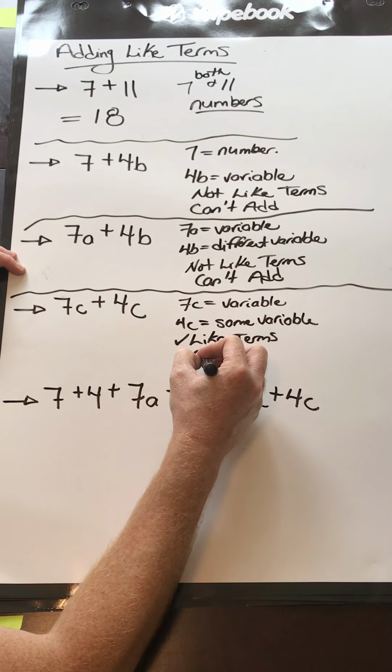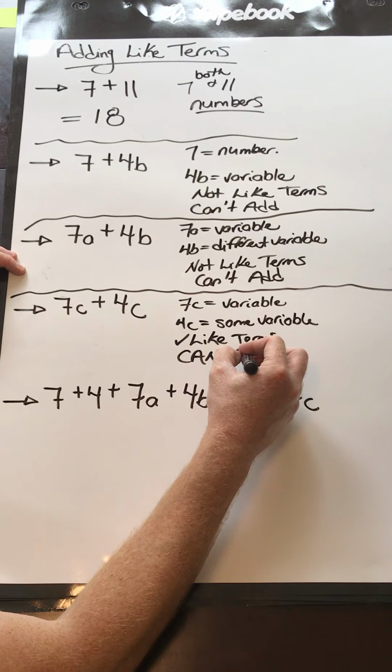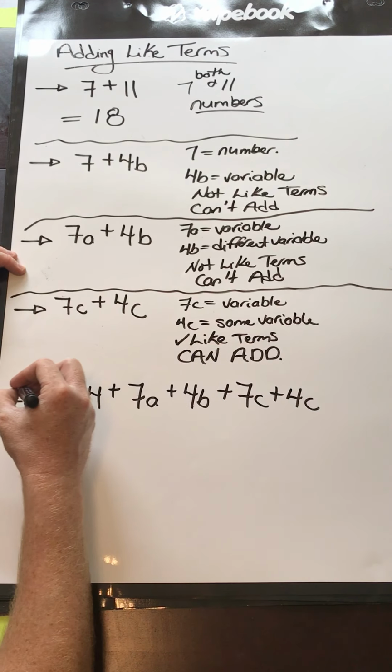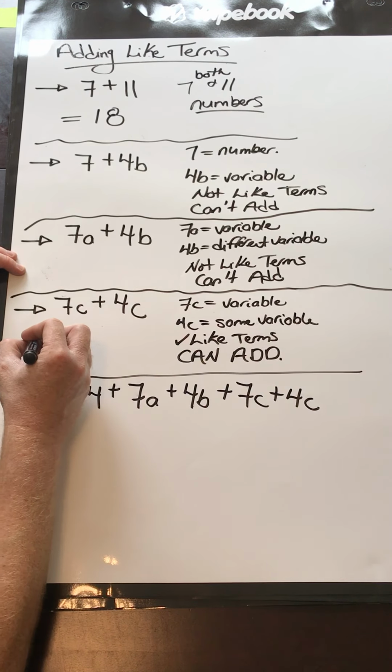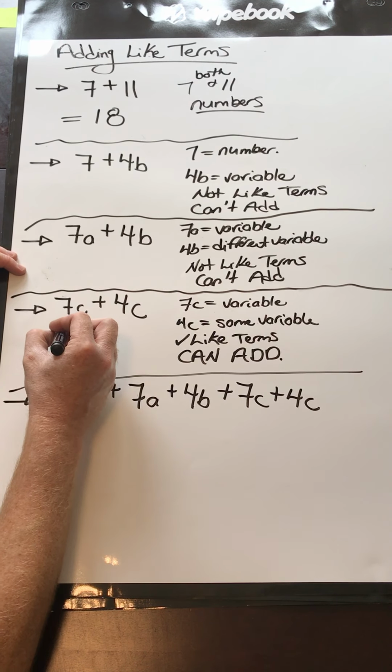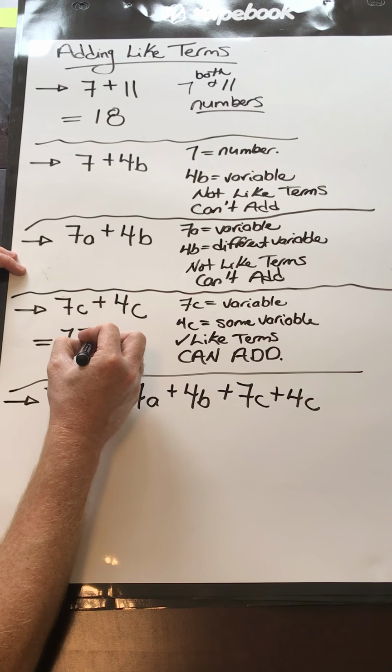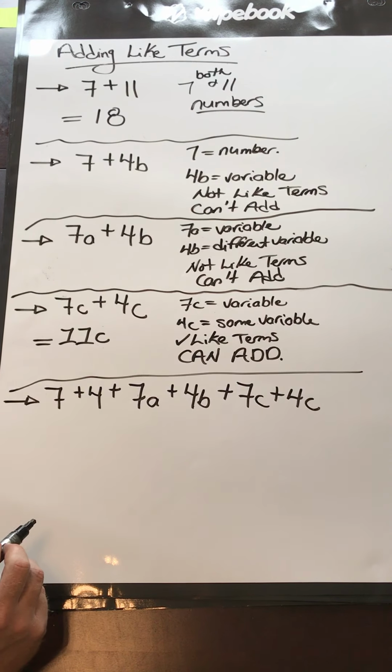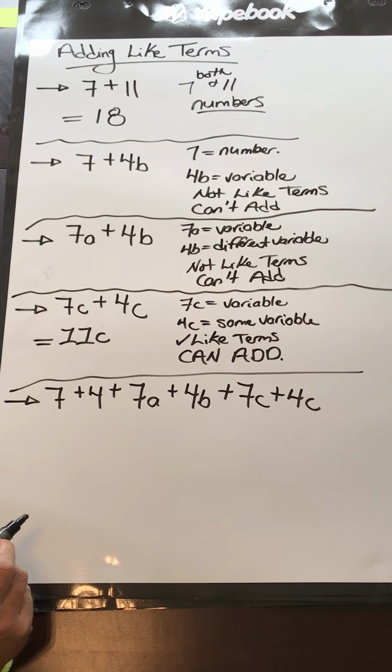So we can add. So in this case, when we add them, we add the numbers, and it is 11, and we put the variable c.